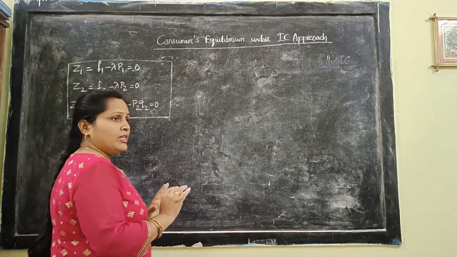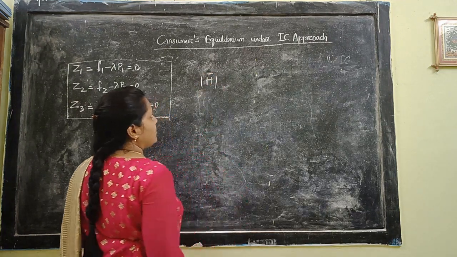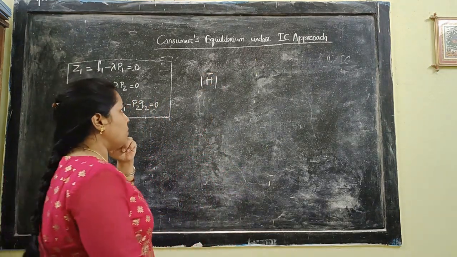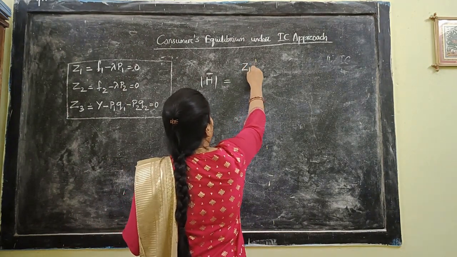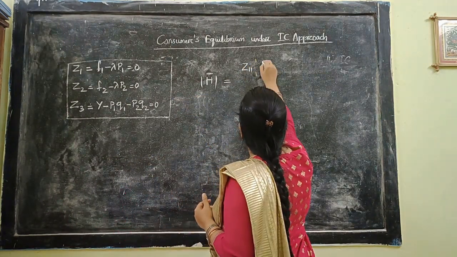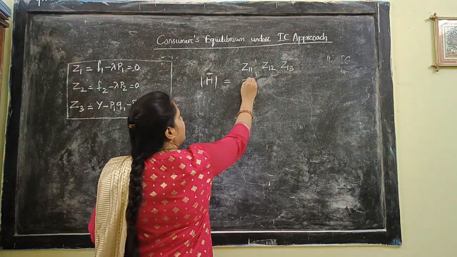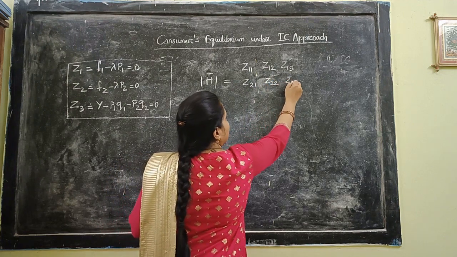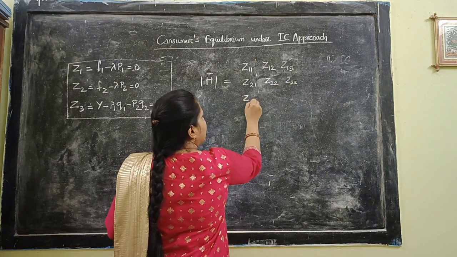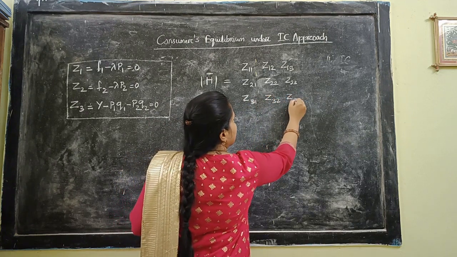The bordered Hessian determinant is normally denoted by H bar, and it is equal to the determinant with rows Z11, Z12, Z13, then Z21, Z22, Z23, then Z31, Z32, Z33.